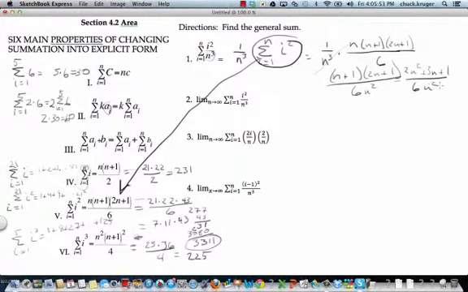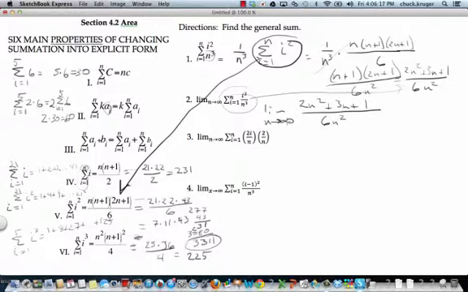And I'm done. And now what I'm going to do is take the limit of that. Since I've already done this, it's right here. I'm going to simply take the limit as n goes to infinity of 2n squared plus 3n plus 1 over 6n squared.